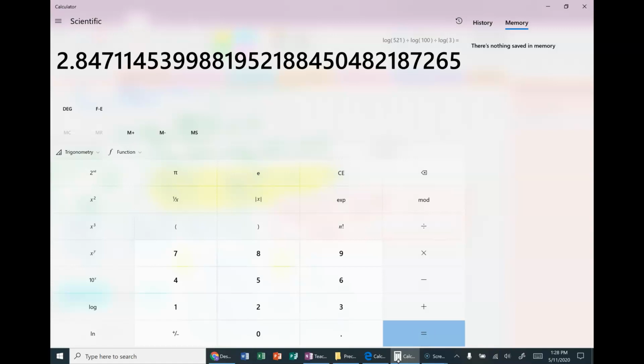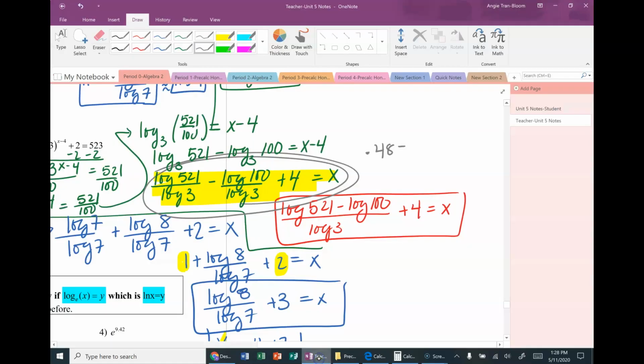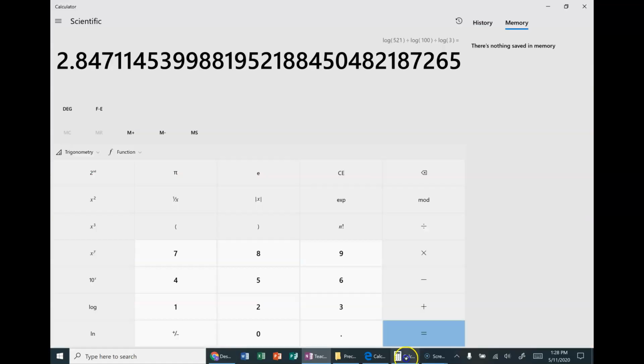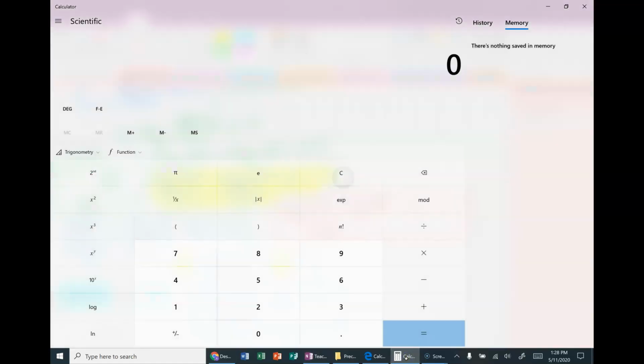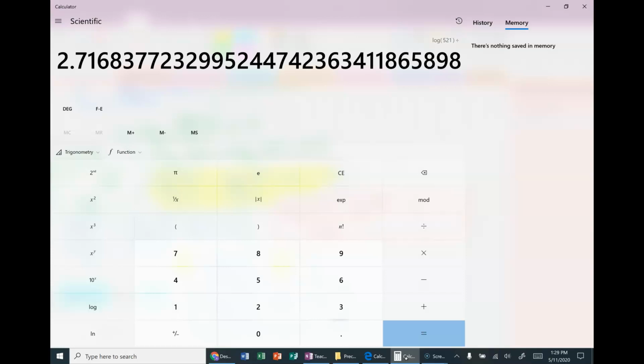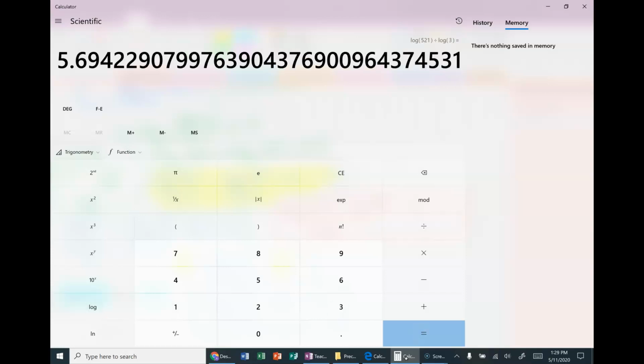Oh, you know what? Let me go back and see if I did the first one right, because it doesn't seem like it. Let me try it again. We had 0.48. Okay, that's wrong because I forgot to hit enter. Log 521 divided by log 3. Okay, try it again. Clear. 521 log divided by 3 log, hit enter, 5.69, that's much better.